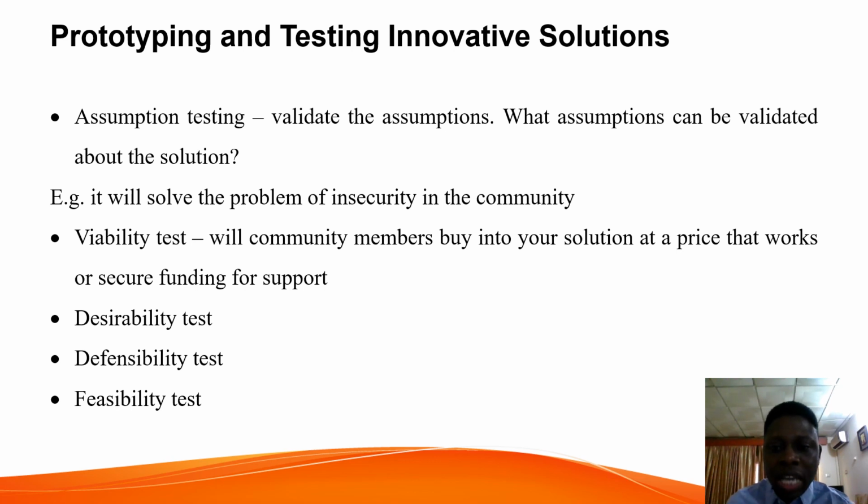Will it be able to change the mindset and orientation of these young people to begin to conform to the social norms and laws in the community? Will it begin to discourage them from being deviant and becoming responsible members of society? These are the assumptions you want to validate. You will have written down your assumption and you are taking it to the community to validate.